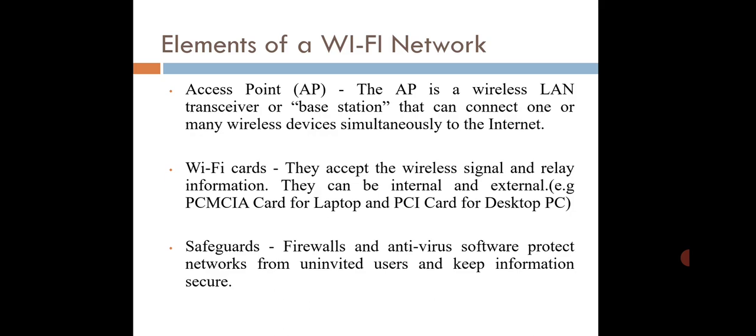They can be internal and external, that is, a PCMCIA card for a laptop and a PCI card for a desktop PC. Next, safeguards. Firewalls and antivirus software protect networks from uninvited users and keep information secure.